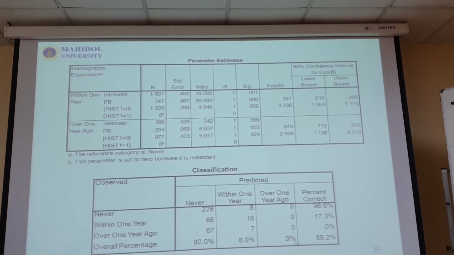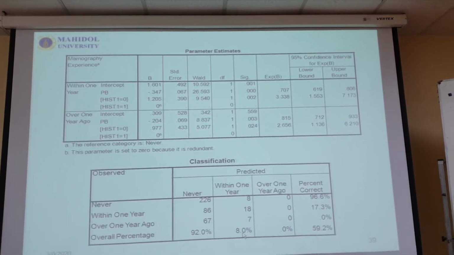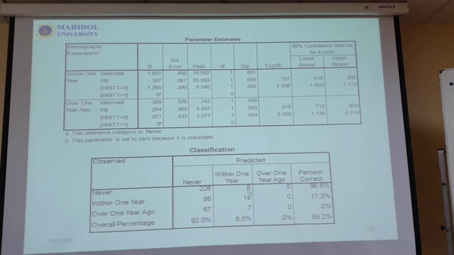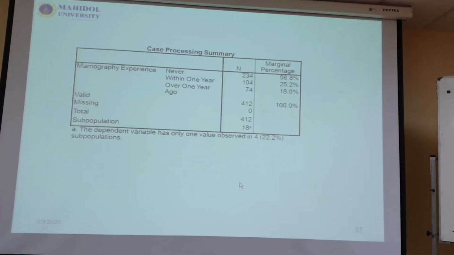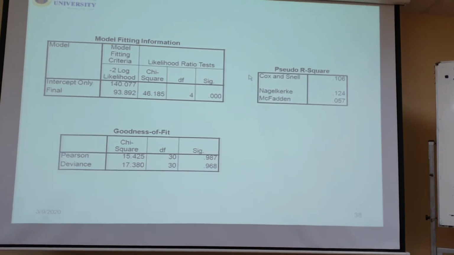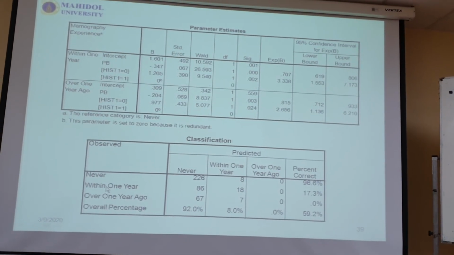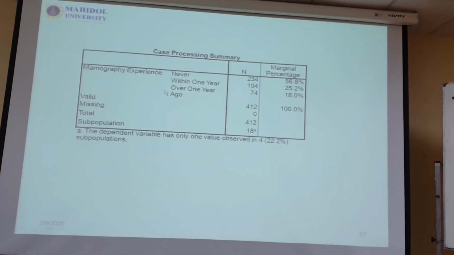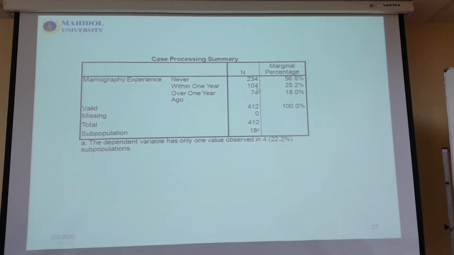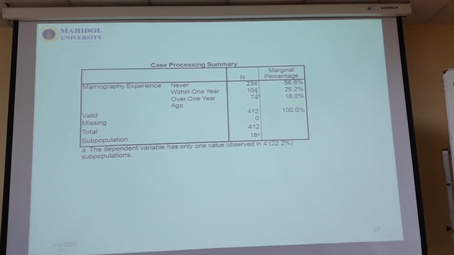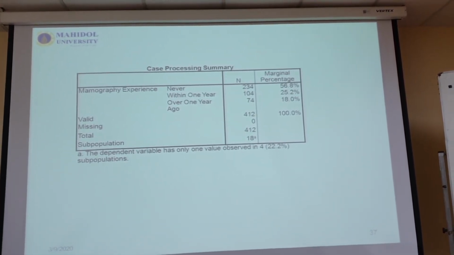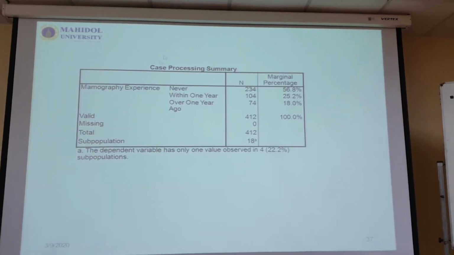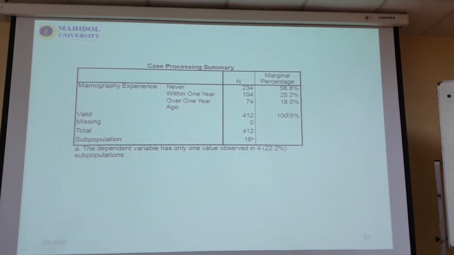So now you can calculate here. This is 8, right? 8% comes from 8 over within 1 year, right? How many within 1 year? 104. So it has to be 8 over 104. This is the information from the observed.